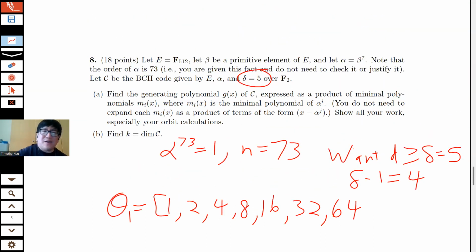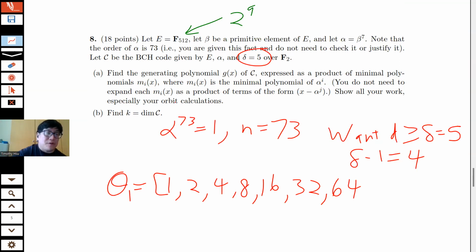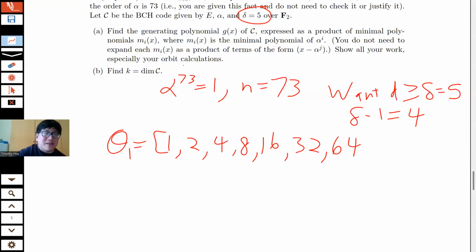Actually, once we get that the order of alpha is 73, we don't really need to know anything else, but it is helpful to know that the field in which alpha sits is 2 to the 9th, which means that the orbits are going to have size dividing 9.